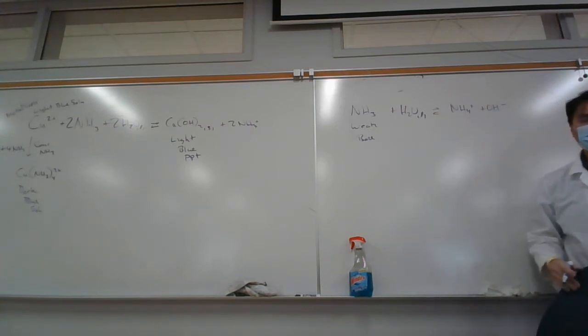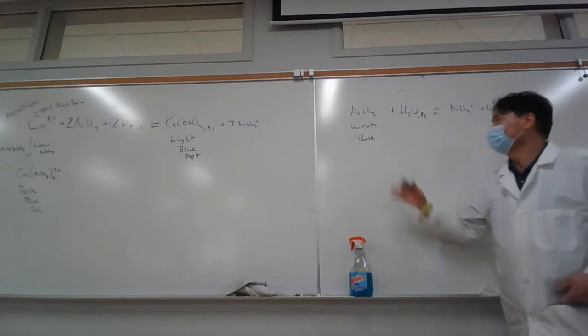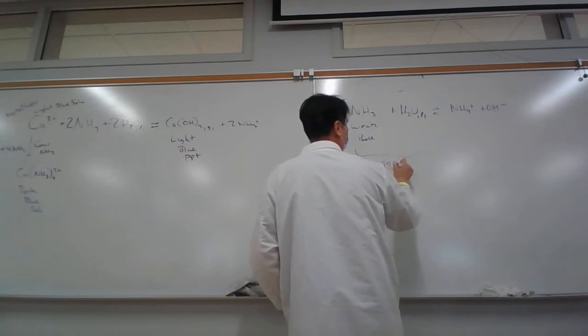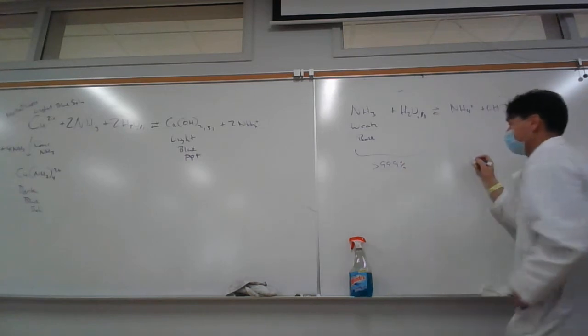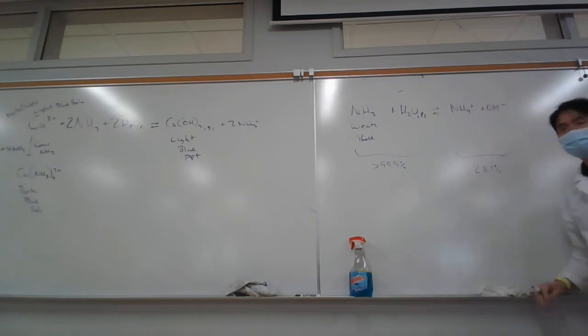And so the difference between a weak base and a strong base is the amount of hydroxide that's produced. In this case, we're going to have greater than 99.9% of this at equilibrium, and then less than 0.1% of this at equilibrium. And so we barely form any of the ammonium and the hydroxide ions.